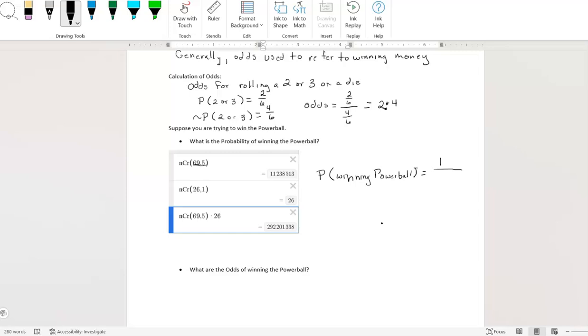That gives us a total of 112 million possibilities just to get the white ones correct.